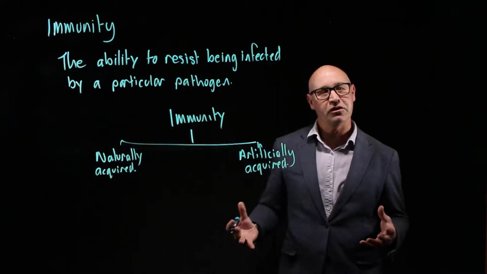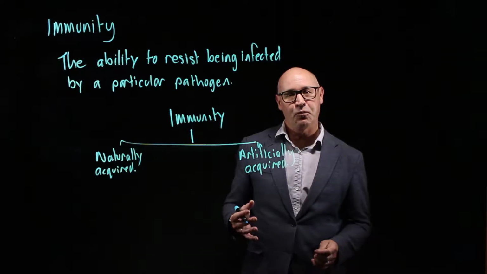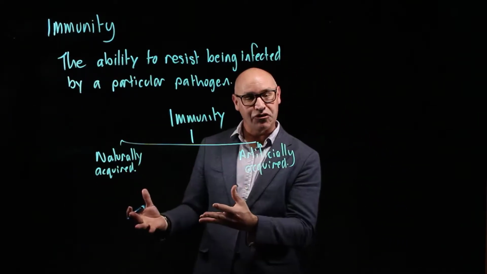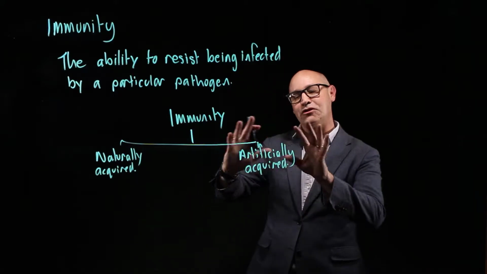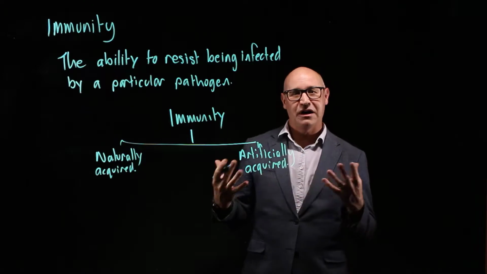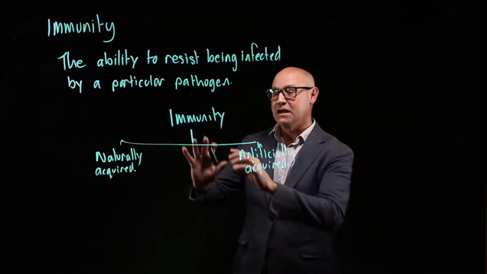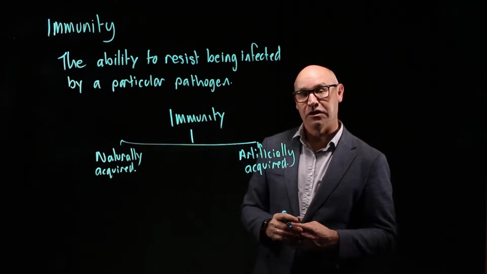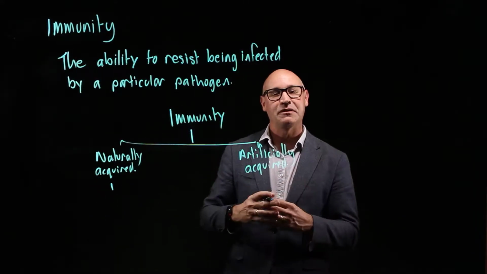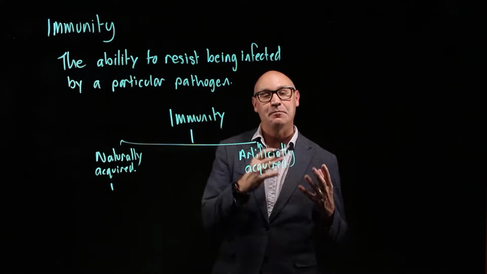Naturally acquired immunity is, as the name suggests, natural, and artificial is something that's been made by humans, manufactured. So let's talk about naturally acquired immunity first. We can break both of these up into active and passive.